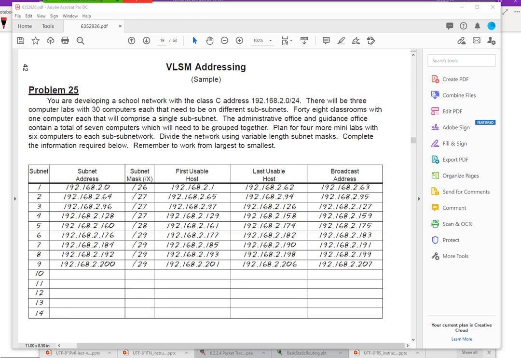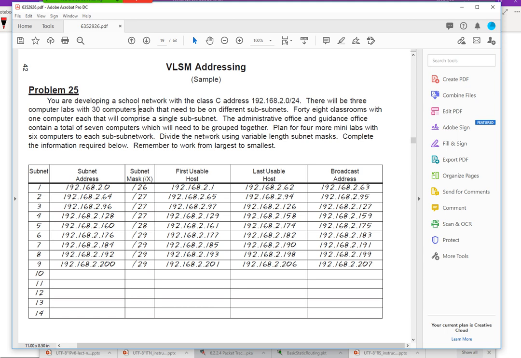So you are developing a school network with a Class C address. The Class C address /24 is given. There will be 3 computer labs with 30 computers each that need to be on different subnets. And the 8 classrooms with 1 computer each will comprise a single subnet.